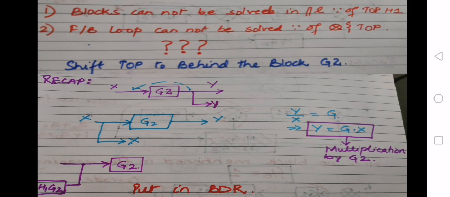If the takeoff point goes behind G2, we get Y as the output on this takeoff point, but when we shift it ahead of G2, we get X as the output on the takeoff point, but we should get Y. Just check the formula: Y upon X is G, so Y equals G multiplied by X. Again we have to multiply with the G block. So here we are going to replace it with H1 G2 in the block diagram reduction.